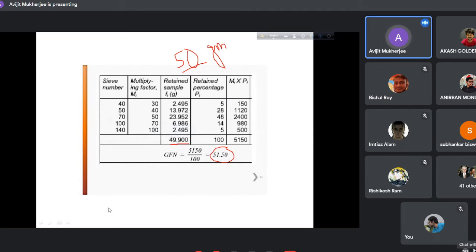And what is the meaning of this parameter, GFN? Actually, the standard mesh has a diameter of 208 millimeter. This is a standard mesh sieve, 208 millimeter.